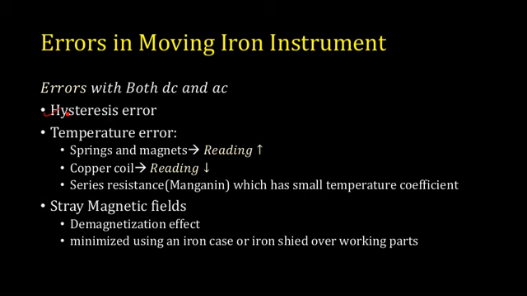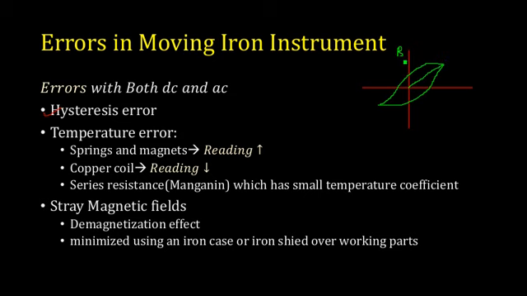Now the first one is hysteresis error. This hysteresis error occurs while we measure both DC as well as AC currents. So this is your general hysteresis loop that you must know.